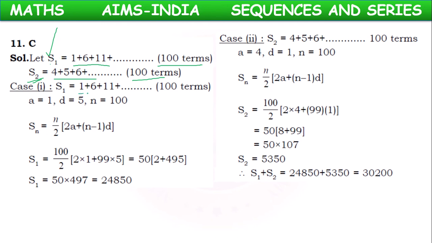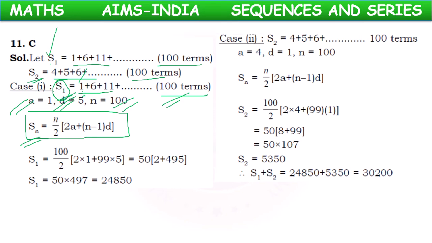In S1, the first term a is 1, common difference is 5, number of terms is 100. The formula is Sn equals n by 2 into 2a plus n minus 1 into d.